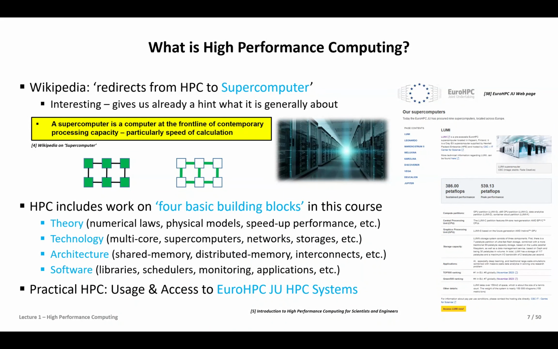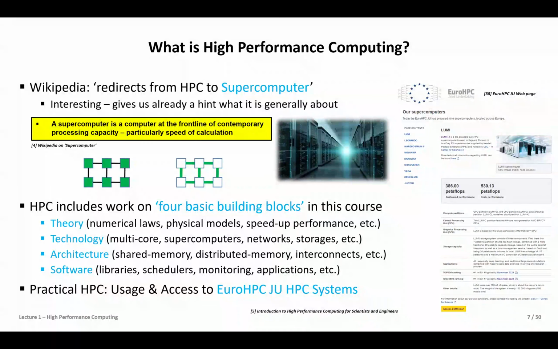Hence, it has a little bit this research flavor still, especially supercomputers, not all HPC machines, but supercomputers are those, let's say the Top500 we will come to in a moment, where these are part of the EuroHPC Joint Undertaking. These are the ones that we would call supercomputers, while HPC machines would be, let's say, also smaller clusters that are in the university, like the DEEP test cluster or our ELIA system.